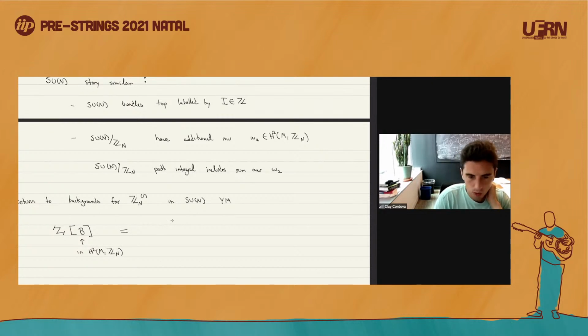So we're going to sum over instanton numbers. We're going to, of course, integrate over the continuous part of the gauge field. We have our usual e to the minus S, whatever insertions we want. But now, instead of summing over W2, we take W2 equal to B, fixed.